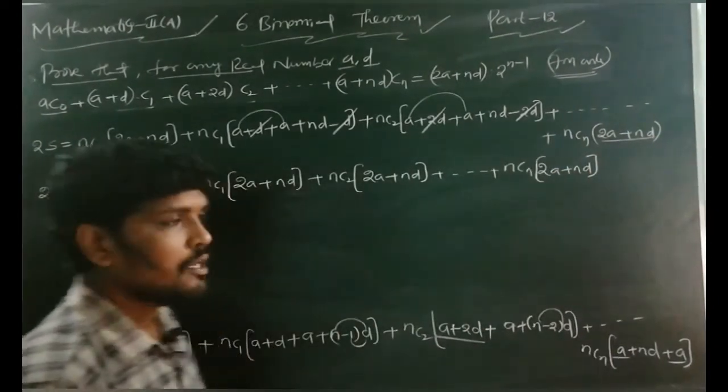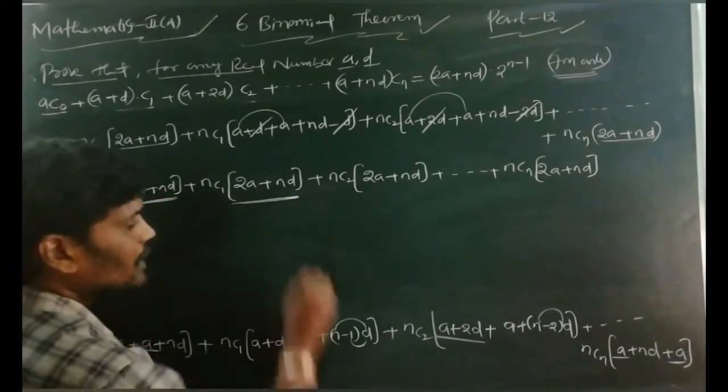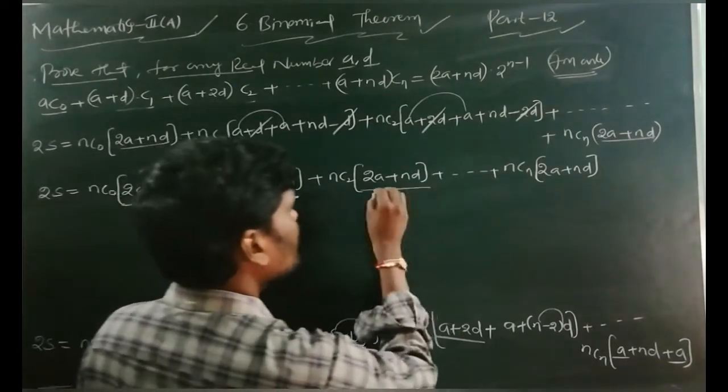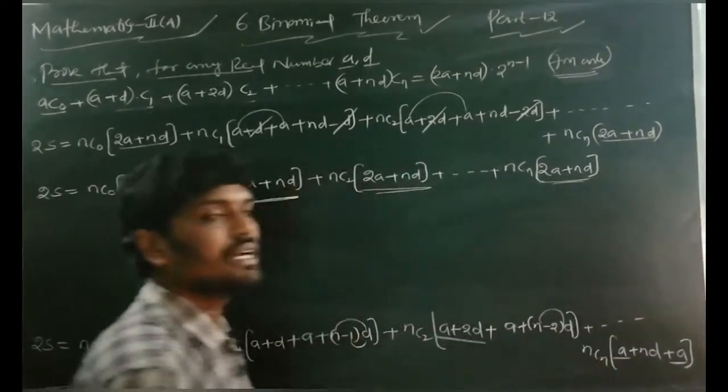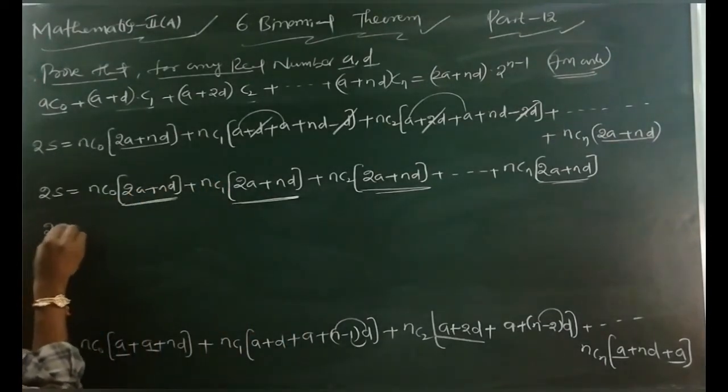Observe that the first term has 2a plus nd common, the second term has 2a plus nd common, the third term also, the last term also. In this whole sequence, which one is common? 2a plus nd is common.